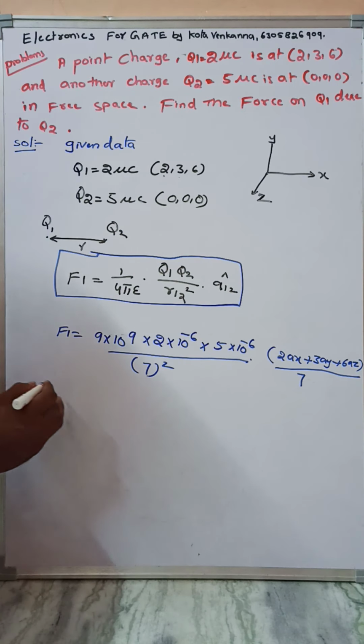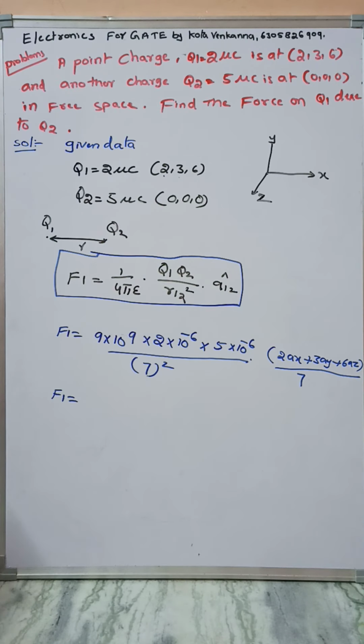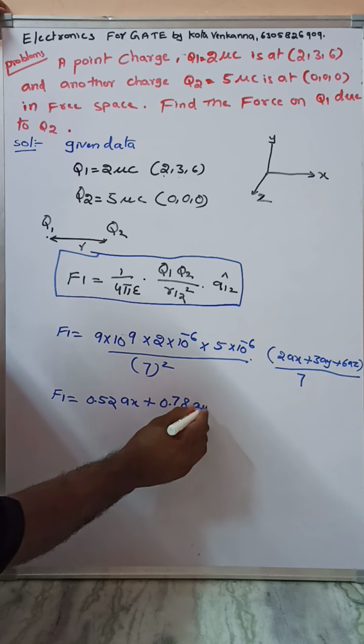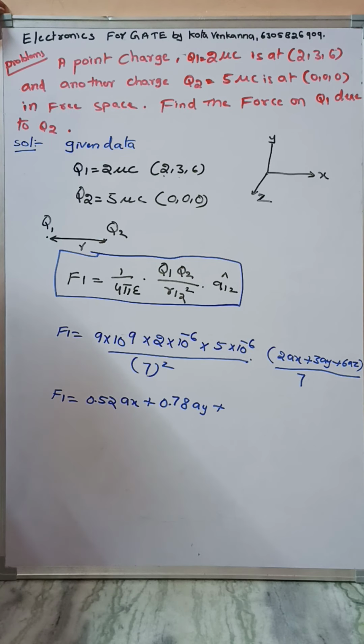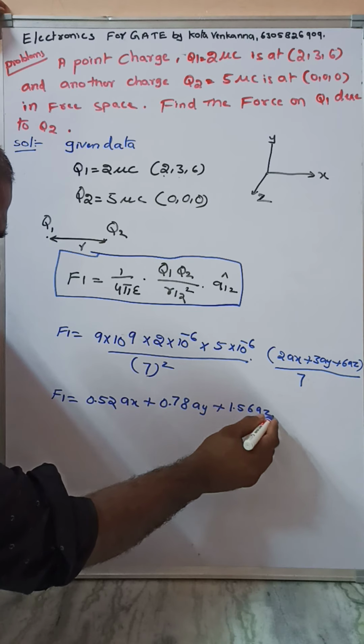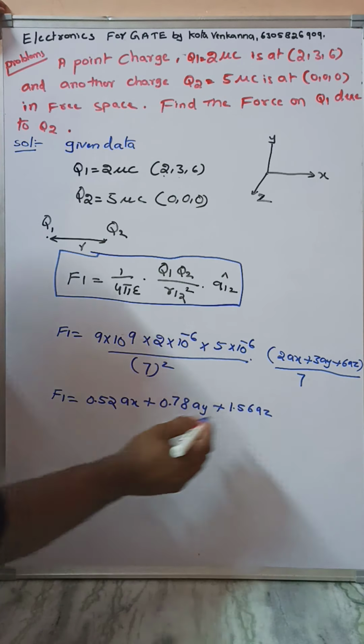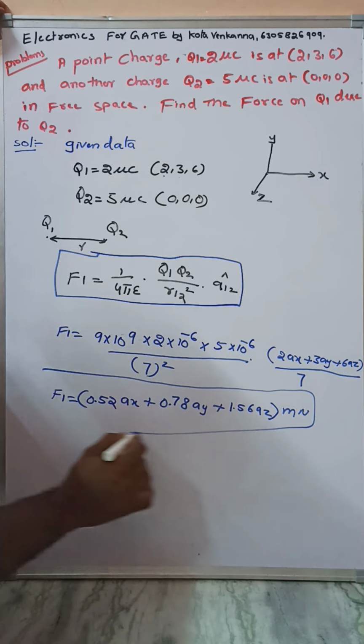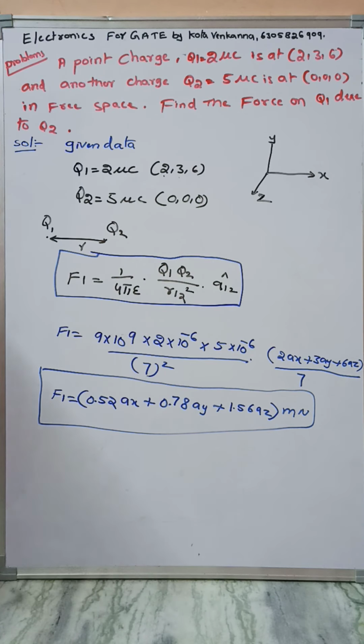After calculating using a calculator, this value becomes 0.52 ax plus 0.78 ay plus 1.56 az millinewtons. This is the force on Q1 due to Q2.